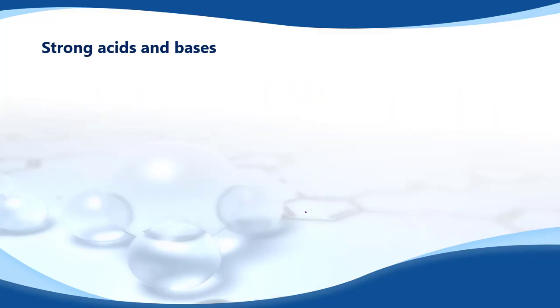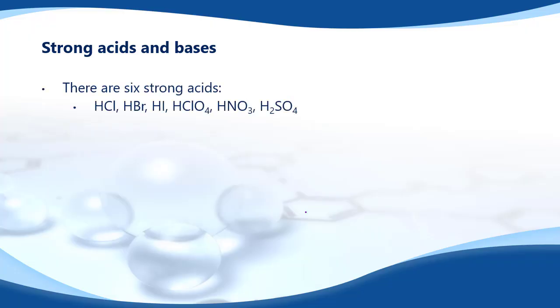All right, so for strong acids and bases, I'm going to give you a couple of lists. Again, sorry, there's a lot of memorization in this course. Strong acids, we're going to work with 6 of them. These are what are called the big 6: hydrochloric, hydrobromic, hydroiodic, perchloric, nitric, and sulfuric.